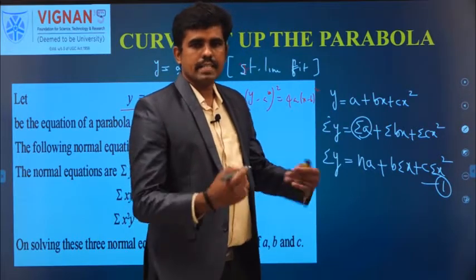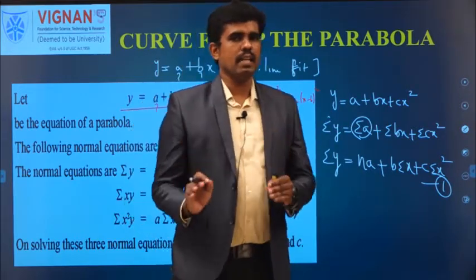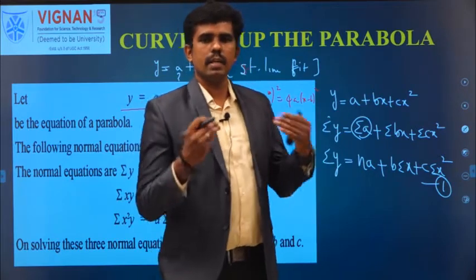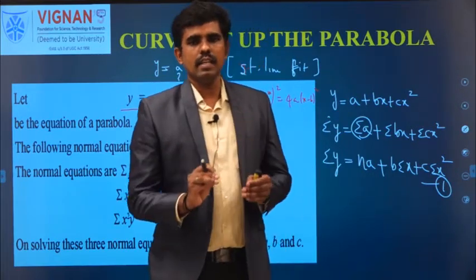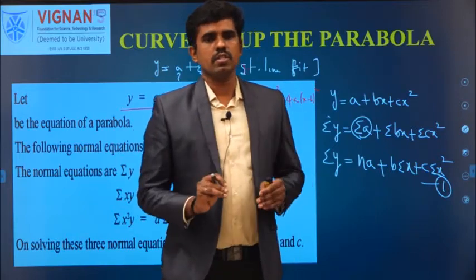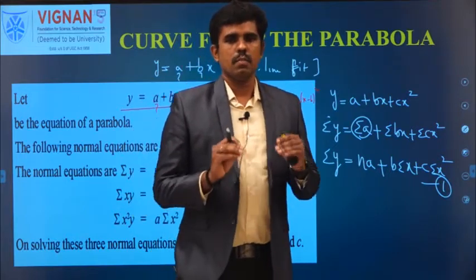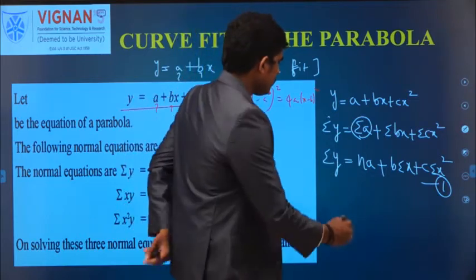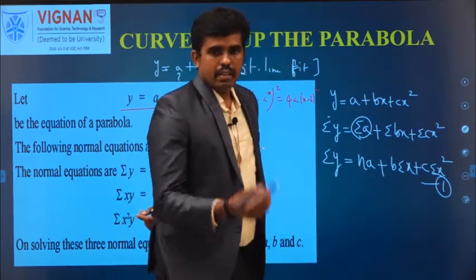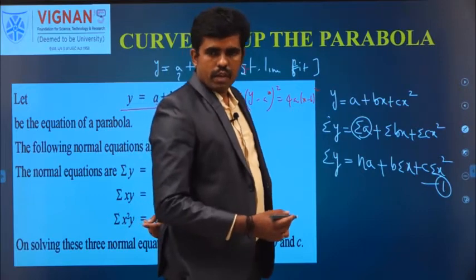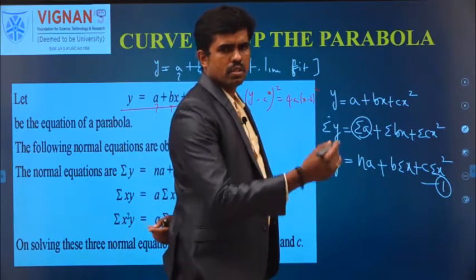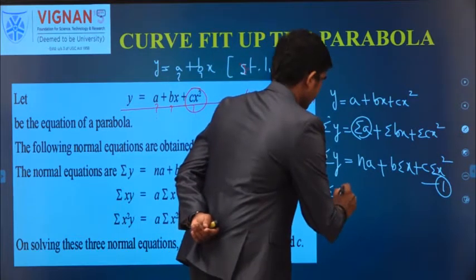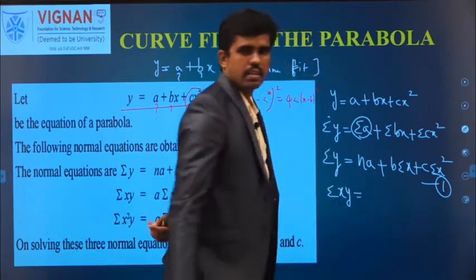Then how to find the second normal equation? We need three normal equations to find a, b, c. Then only will we be in a situation of three equations with three unknowns. Now to find the second normal equation, what do we have to do? We have to multiply by x throughout all the terms. Multiply by x. What you will get: summation xy.